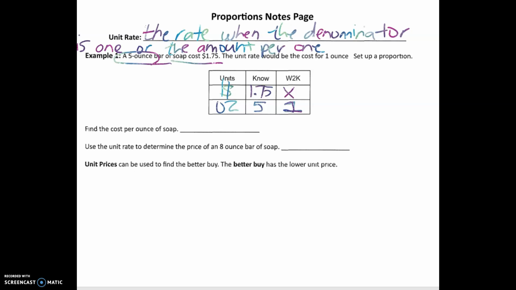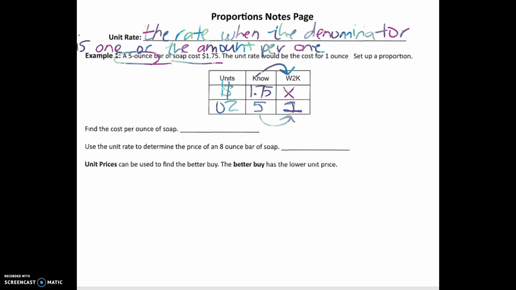So now that we have it all set up, what we have to do is find our pattern. You always have to go from the known towards the unknown, because if you think about it, you can't start somewhere you don't know, right? Now that we've built our bridges, we've got to find our pattern. We have a 5 and a 1 as our denominators.